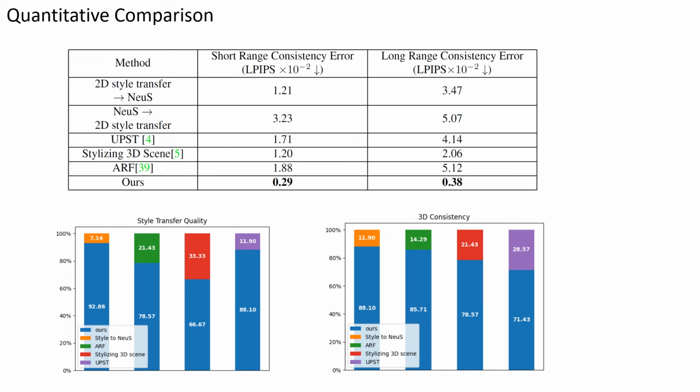We also compare our approach with these baseline approaches in terms of 3D consistency error and style transfer quality. Results show that our model outperformed the baselines by a large margin, especially in the 3D consistency error, where our approach is an order of magnitude better than the baseline approaches.